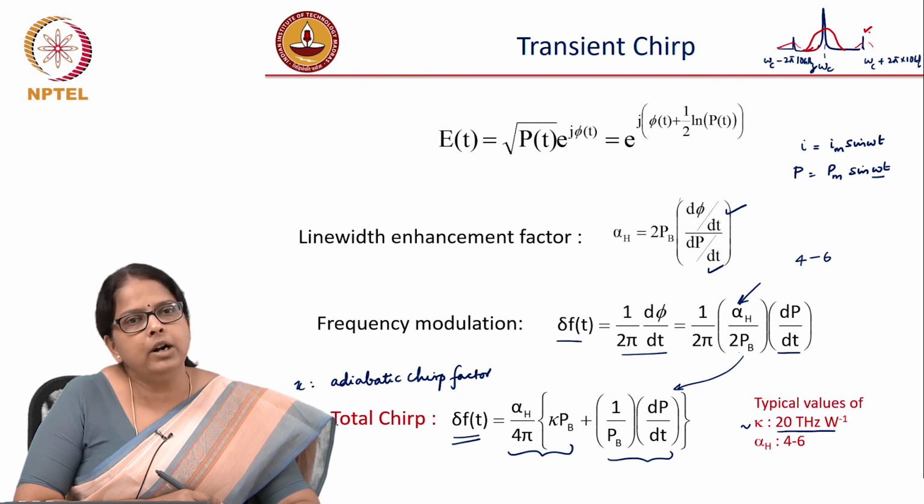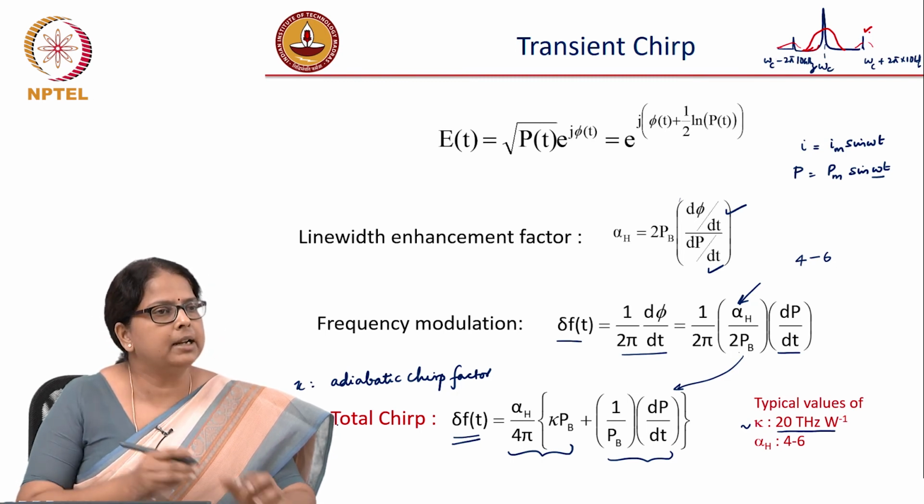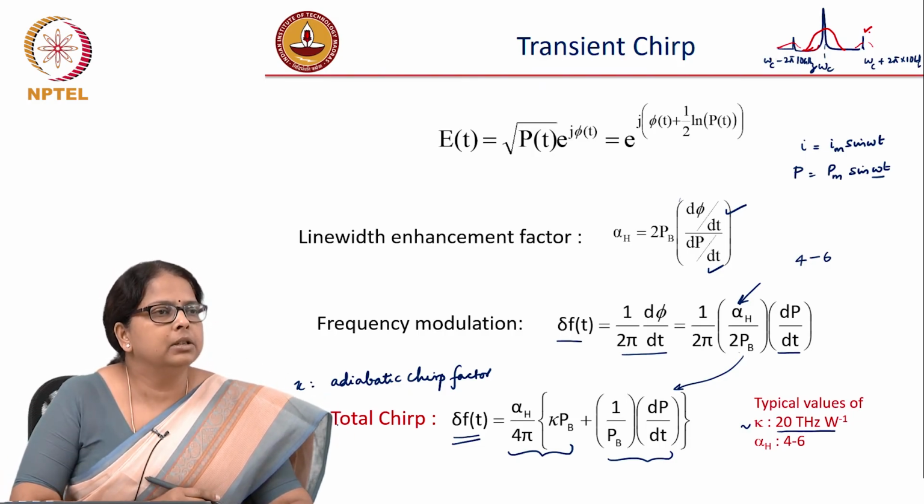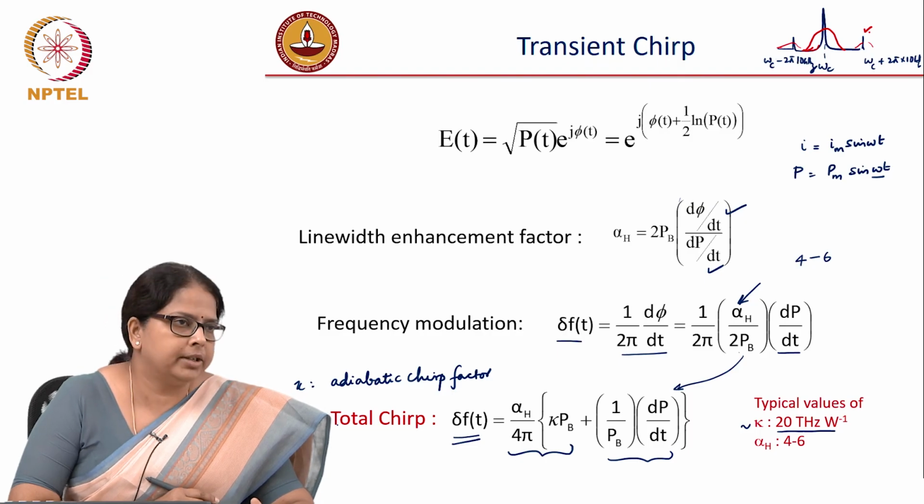And you really do not want this in a communication system, because the larger is your spread, more will be the effect due to the chromatic dispersion. Okay. So, this is one thing to watch out for when you are doing direct modulation.